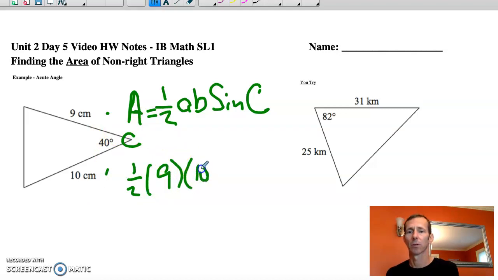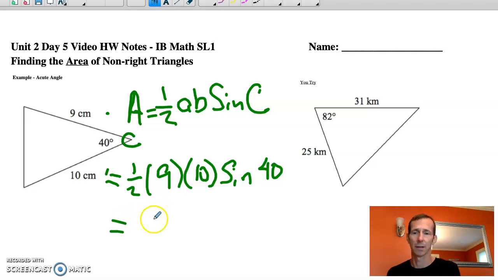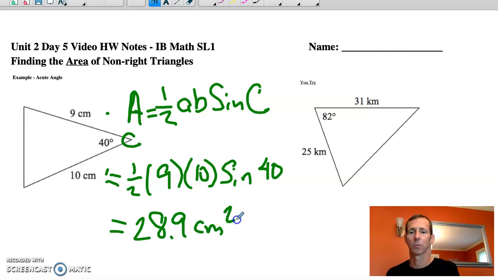It does not matter what order you put the two sides in, because you can multiply in any order and it will not change the value. Sine 40. Then we type this in our calculator, making sure your mode is degrees, since this is given in degrees. And at the end, we get an answer of 28.9 centimeters squared.